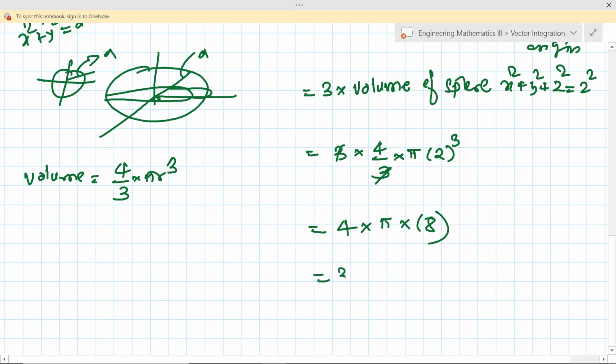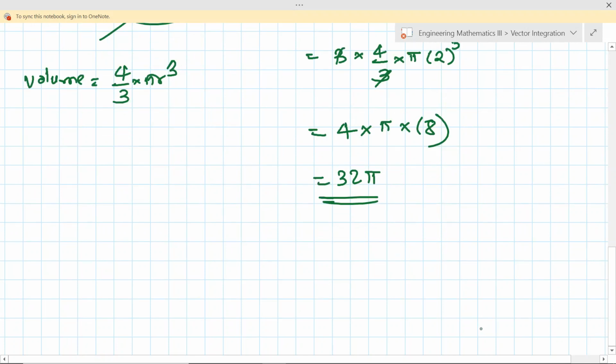So 8 into 4 is nothing but 32 pi, and this is the value of my surface integral, isn't it? See, this is very simple if you know these basic concepts. So therefore the surface integral of r bar dot n cap ds over S is nothing but 32 pi. Okay, so hope you got this.